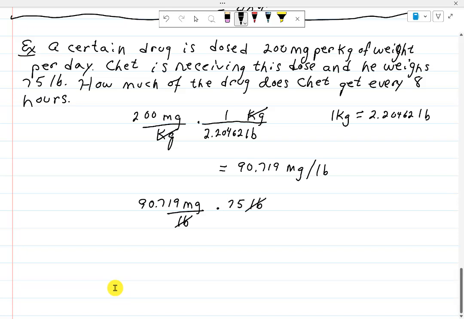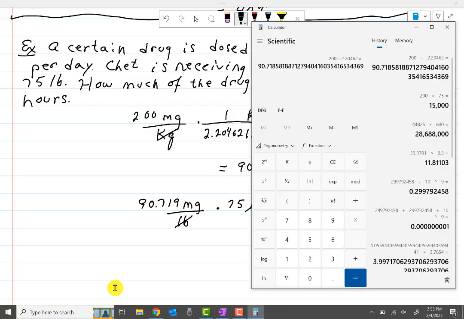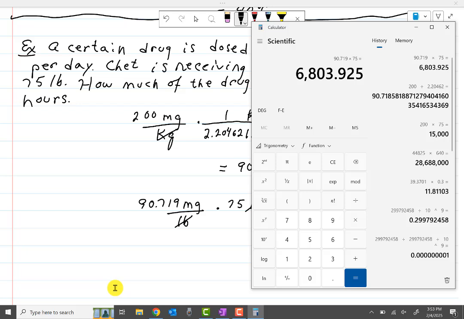Let's let the machine do it again. It looks like 6,803.925. So let's just do 6,804 milligrams every day.